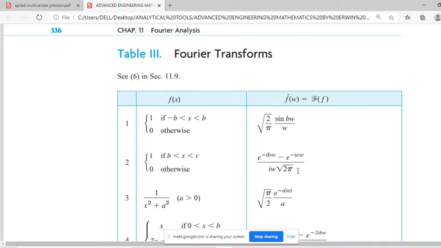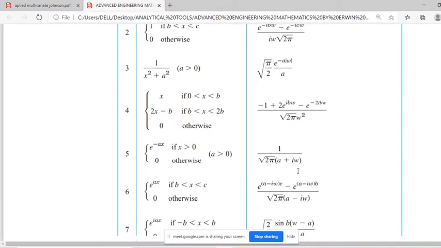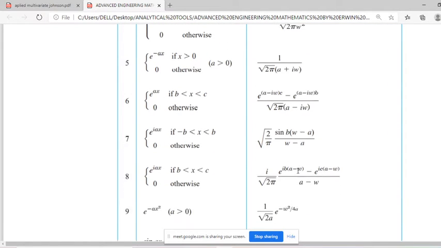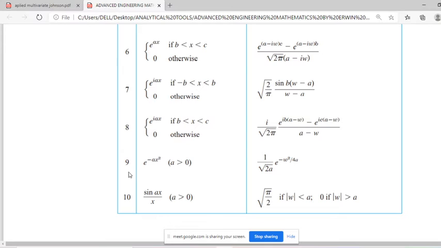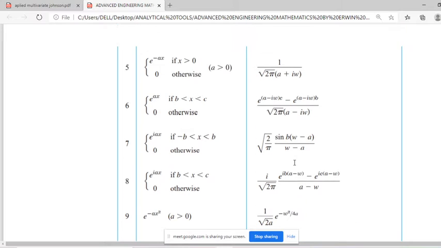In table 3 you can see that e raised to minus a x square has the transform 1 by root 2a into e raised to minus w square by 4a. So you have to use that result.